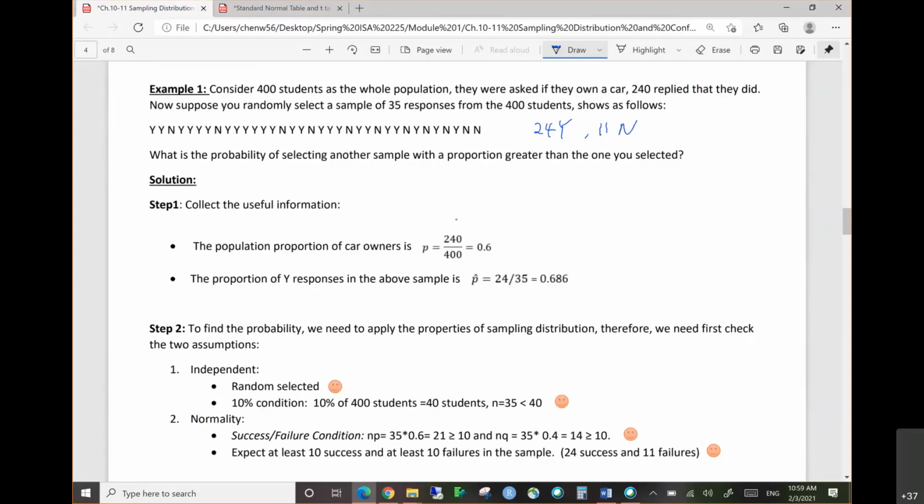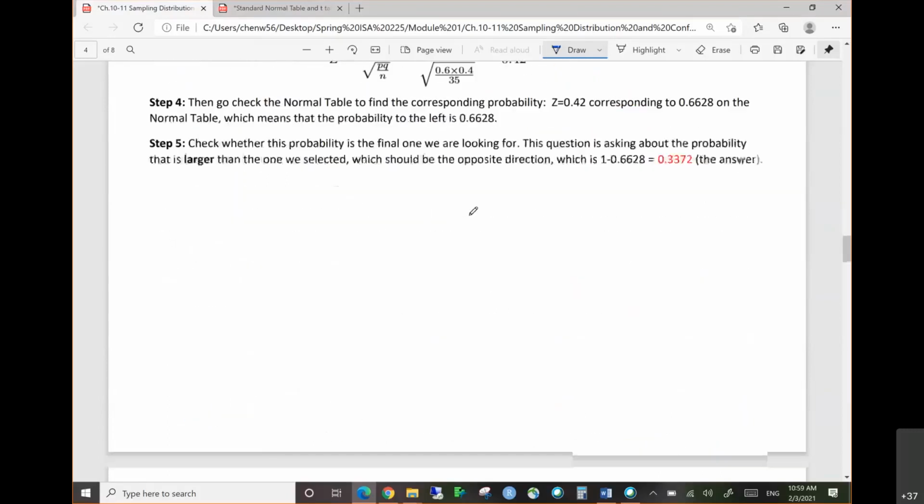So now, if we don't know anything about the population, if we don't know the population proportion, what we have is just the sample. Just assume this is another question, right? So assume we don't know the population proportion.